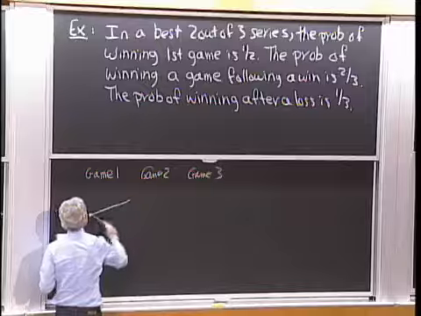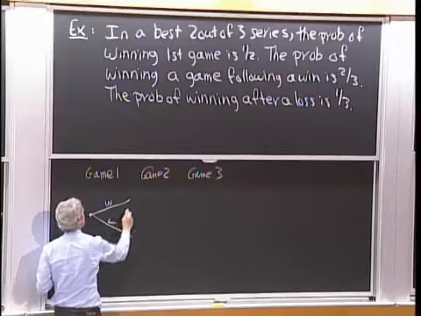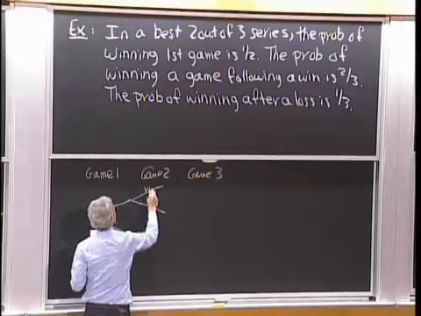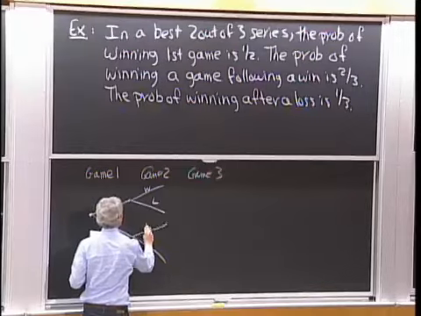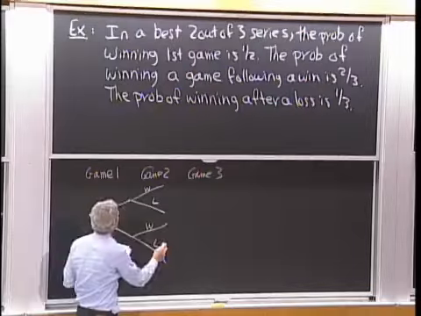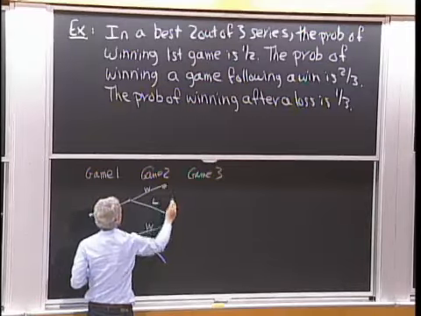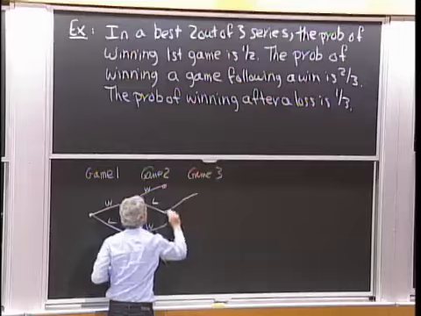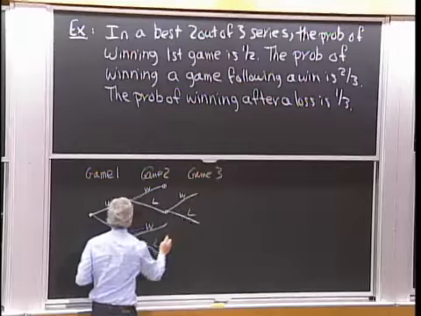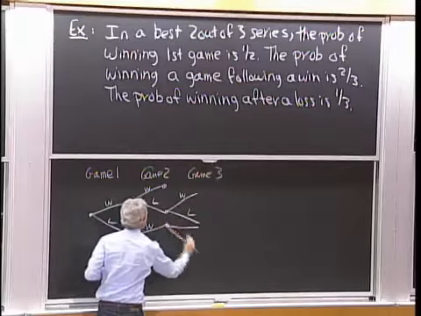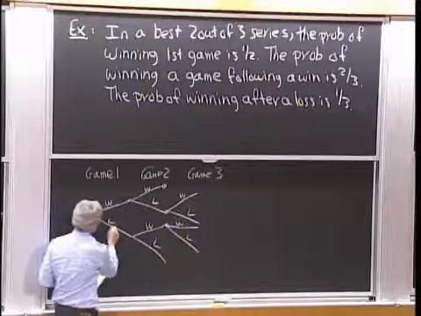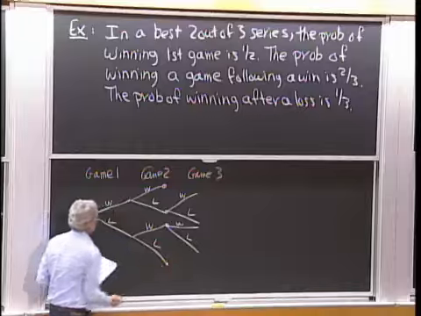There are 2 branches. Game 2 you can win or lose. And now game 3, well, it doesn't even take place here. But it does here. You could win or lose here. And you could win or lose here. And here the series is over. So there is no game 3 in that case.